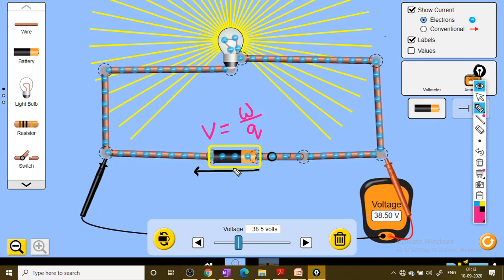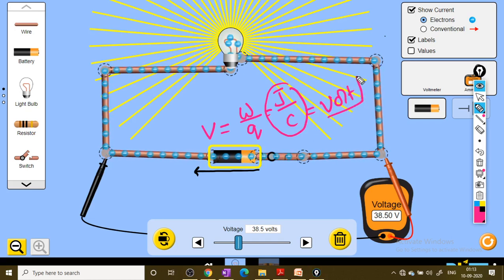Work done by the charge to move an electron throughout the circuit, that we define as potential difference. We know the work units are joules and charge units are coulombs, so joule per coulomb, we write that as volt. So the potential difference units are nothing but volts.